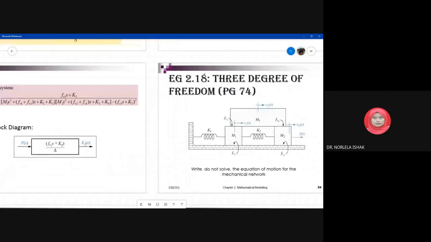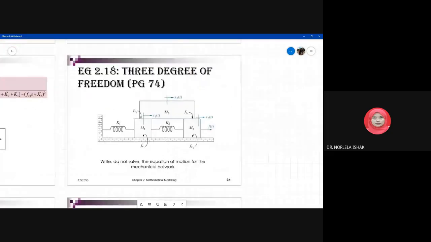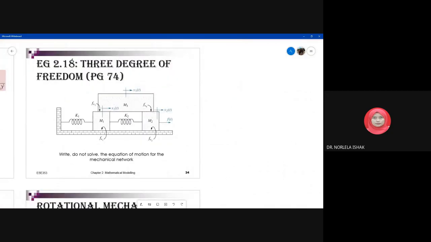Okay, this is 3 degrees of freedom. How to use 3 degrees of freedom? That's similar also, but we have 3, meaning we have 3 meshes. Okay, kita ada 3 mesh. We have mesh number 1, number 2, number 3, meaning we have 3 meshes.